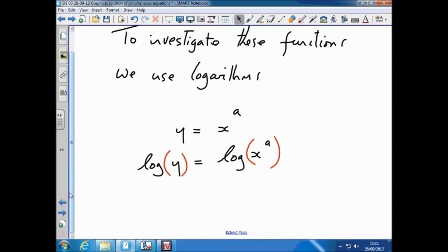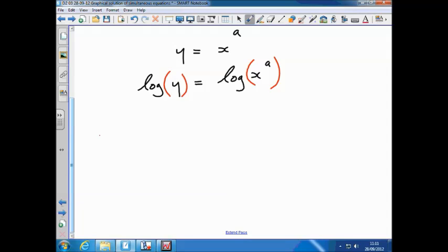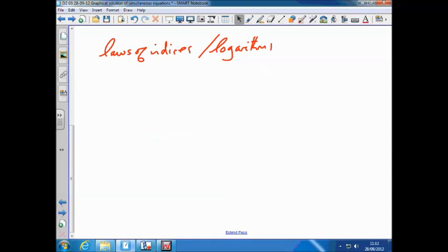So the laws of logarithms. In fact, what we'll do is put the laws of indices and logarithms together because they are combined. So we split the page into two. If we've got x to the a multiplied by x to the b, from the laws of indices, you add the powers.